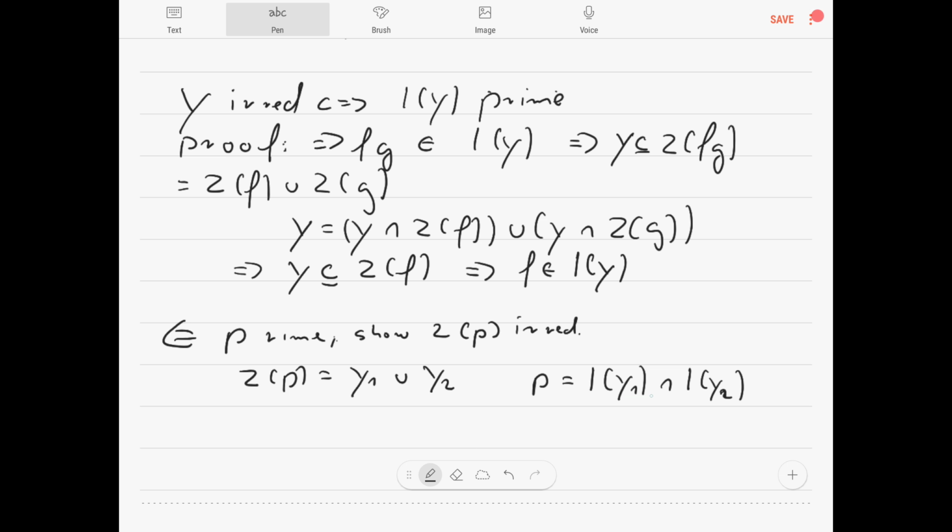But now P is prime. Which leads to the conclusion that P is either I of Y1 or I of Y2. So without loss of generality, let's assume that P is equal to I of Y1.